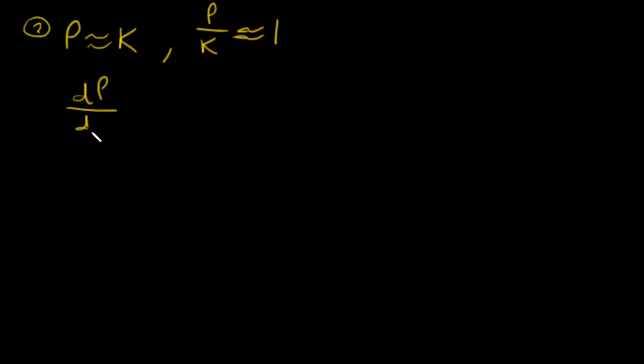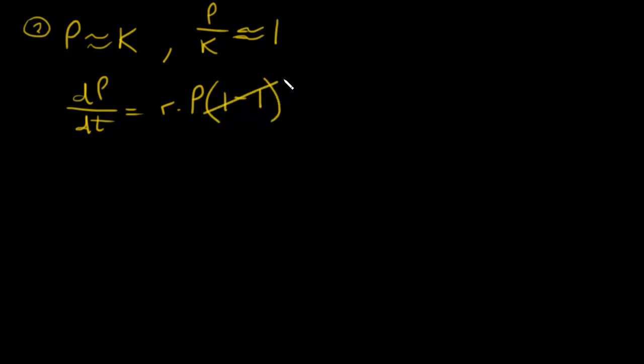In case 2, we're going to have a population that is approaching the max population. So P is almost the same as K. Okay, so if that's the case, P divided by K is approximately 1. So I get dP/dt equals r times P times (1 minus 1).